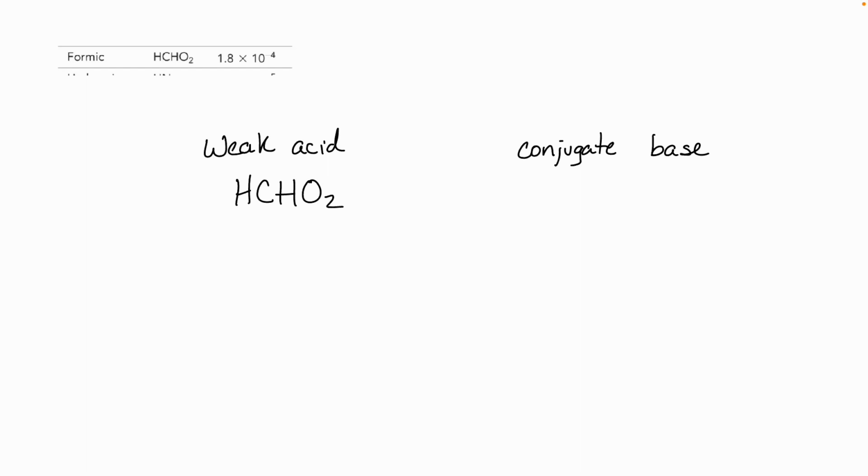All right, and so if my weak acid is this formic acid, HCHO2, everybody take a second and give me the formula for its conjugate base. This is something that we should be able to do based on Chapter 17 knowledge.